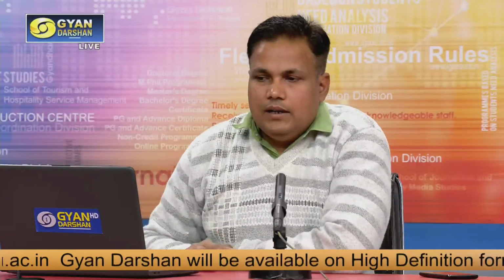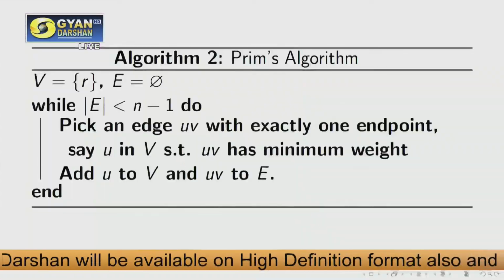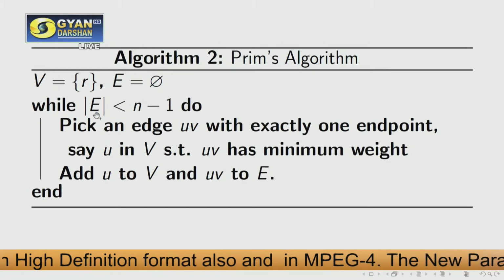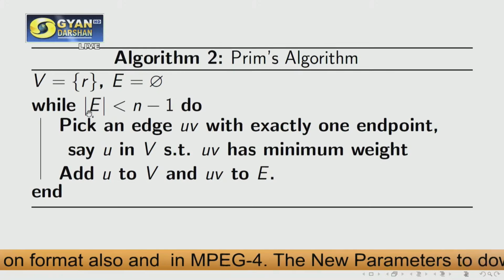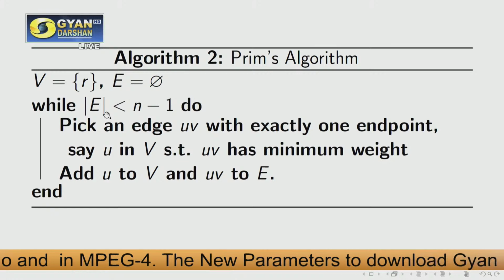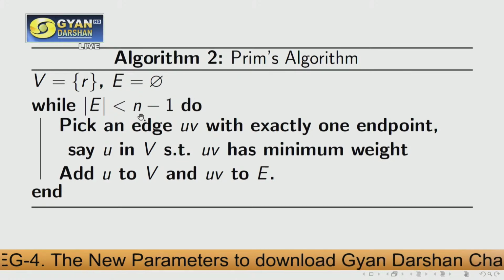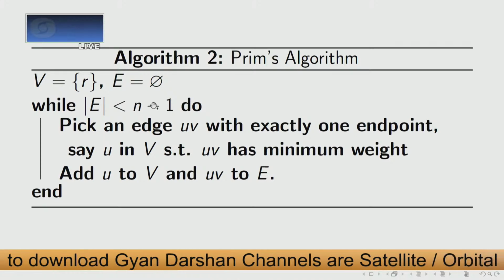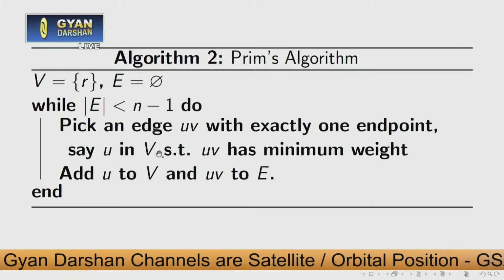Once that vertex is chosen, we apply the while loop. While |E| is less than n minus 1, where n is the number of vertices in the graph, we perform the following steps.